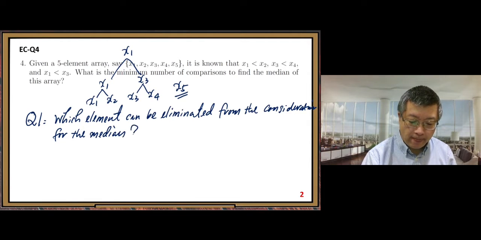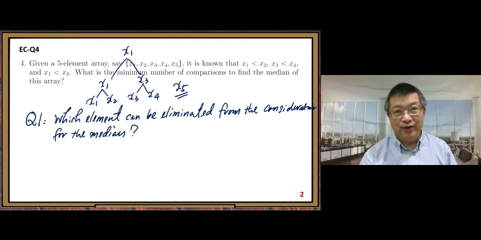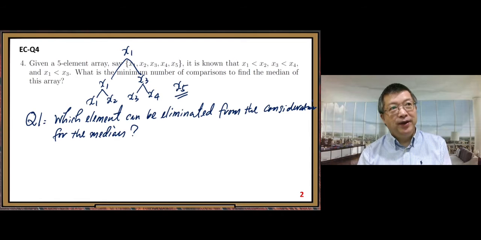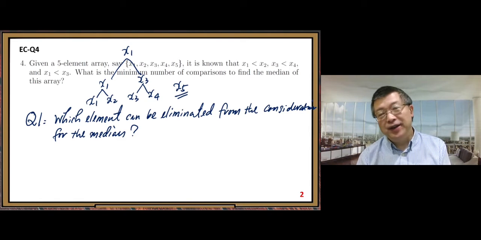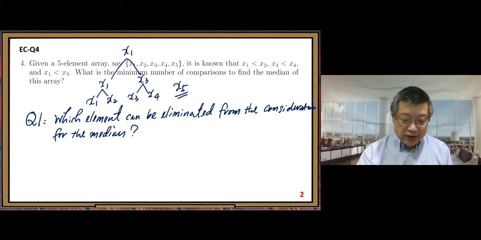Remember, I gave you this question before. I don't remember if it was in homework 1 or the midterm test; you can find it. Probably both, I remember. So I gave a similar question twice, and the second time I changed it a little bit. So which element can be eliminated from the consideration of the median?